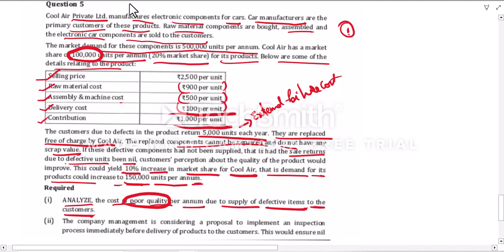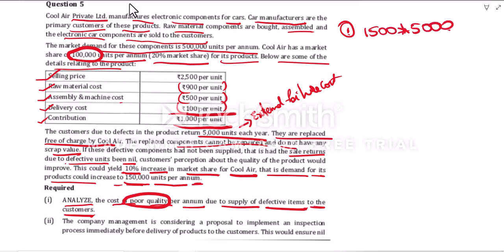So 1500 per product will be for replacing only. 1500 into 5000 equals 75 lakhs. This is one cost, and in the first question this is A. B.